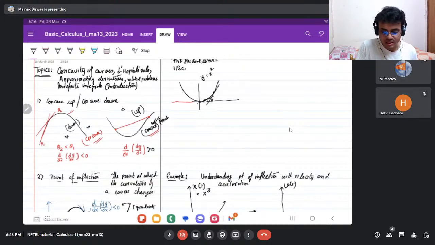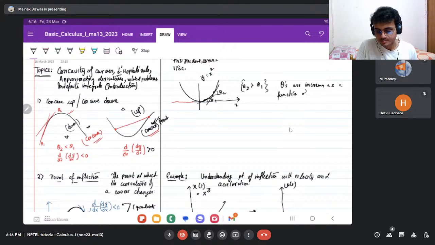You have theta 1 and you have theta 2, right? And you see theta 2 is greater than theta 1. What does it mean? That thetas are increasing as a function of x, right? What does that imply?